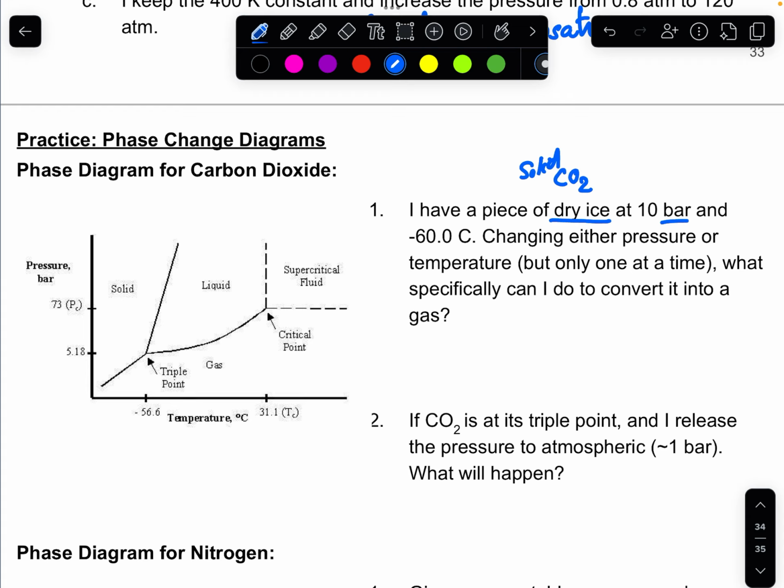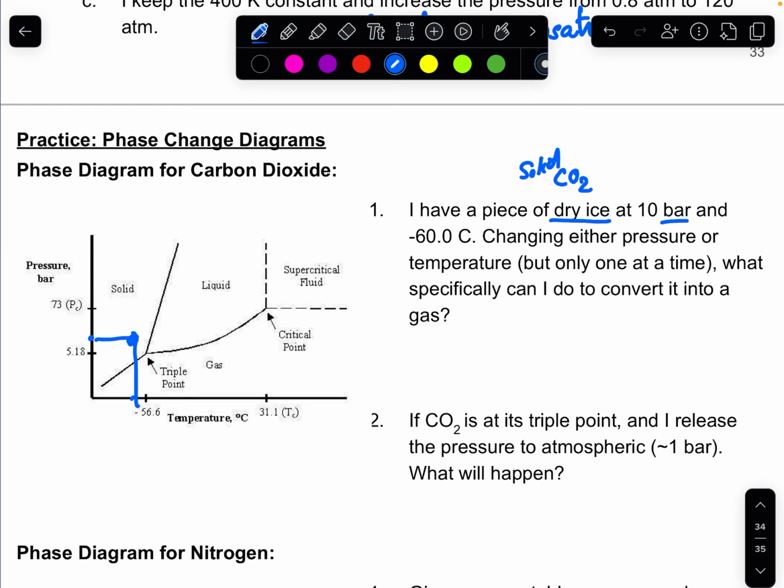Changing one of these, but only one at a time, what can I do to convert it into gas? Okay, let's see. So I have dry ice at 10 bar pressure. 10 bar is somewhere here and the temperature is minus 60, which is here. That means this dry ice is somewhere here.